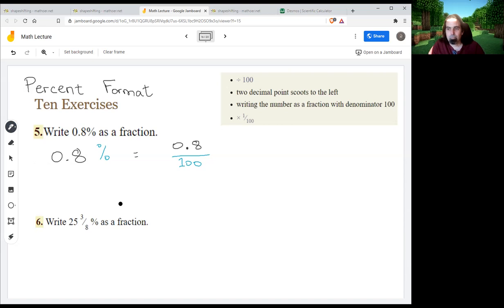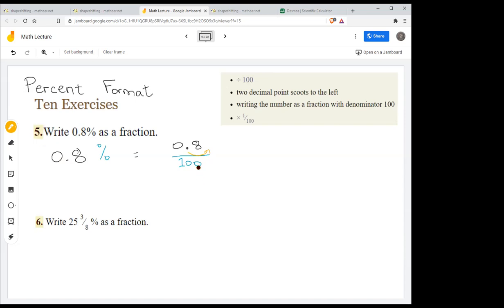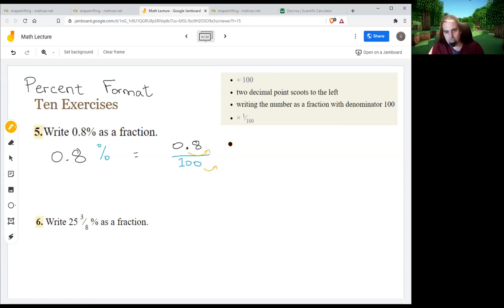Would you multiply by 10? I do. So I can do a decimal scoot, right? A times 10, top and bottom. And that makes that icky 0.8 just turn into an 8.